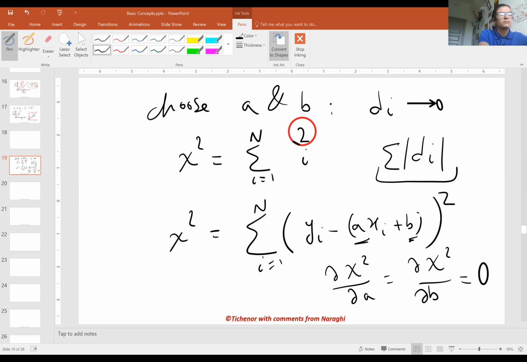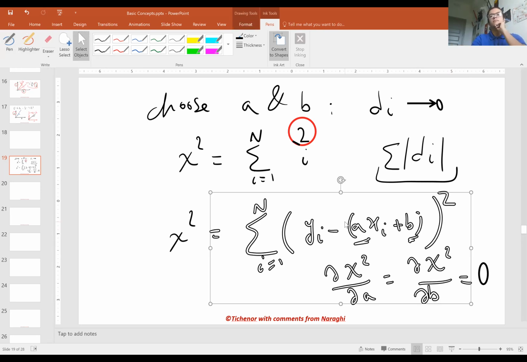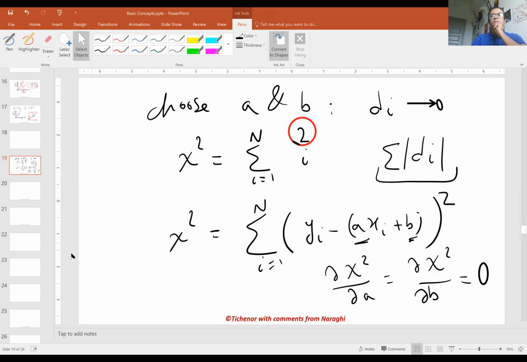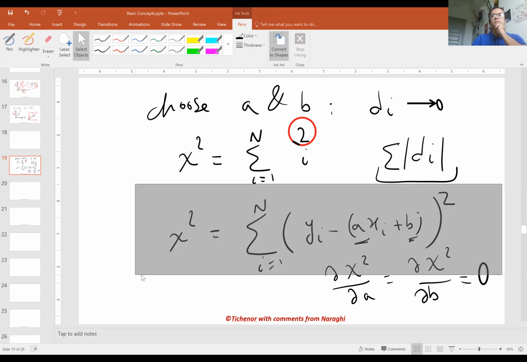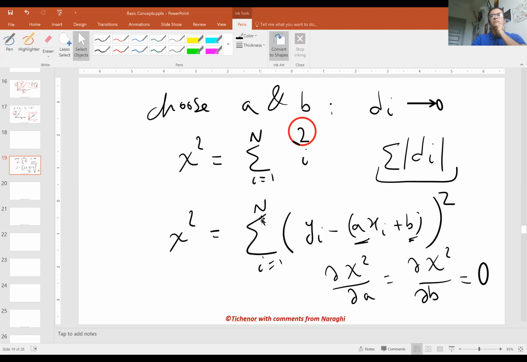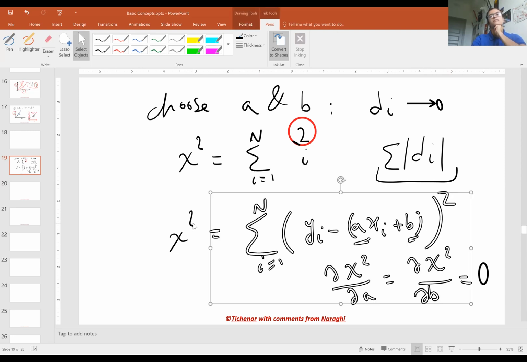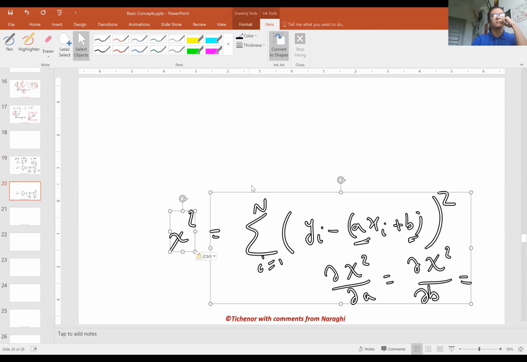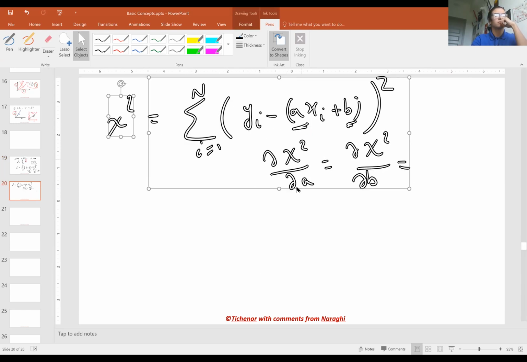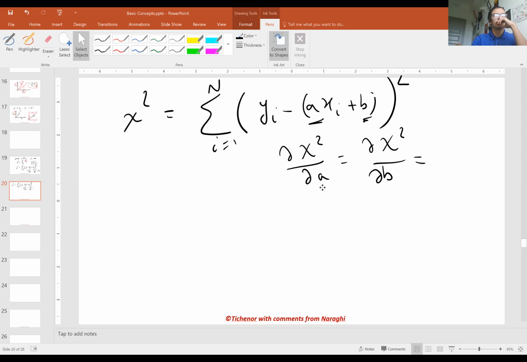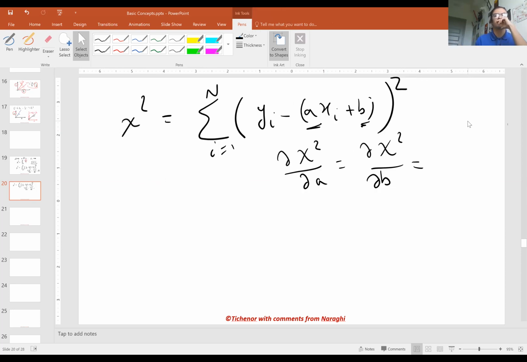Now what I'm going to do is take these to the next page, put them here, and calculate the derivatives.